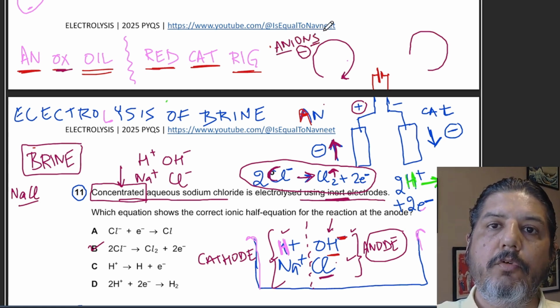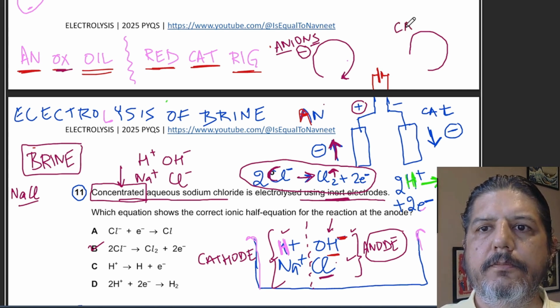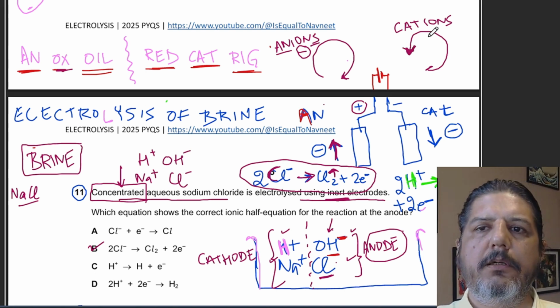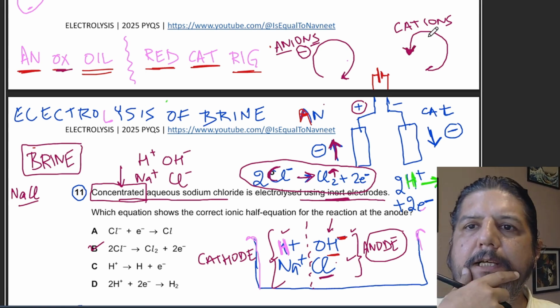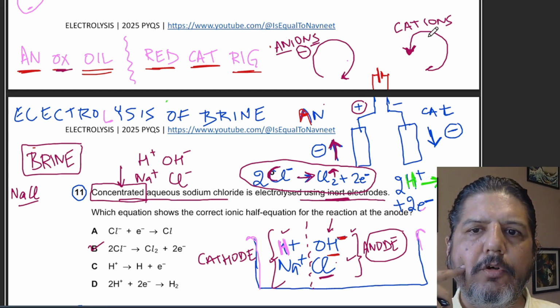The anions will flow in the clockwise direction, and the cations will flow in the anti-clockwise direction. So anti-clockwise would be the flow of the cations, and clockwise would be the flow of the anions.